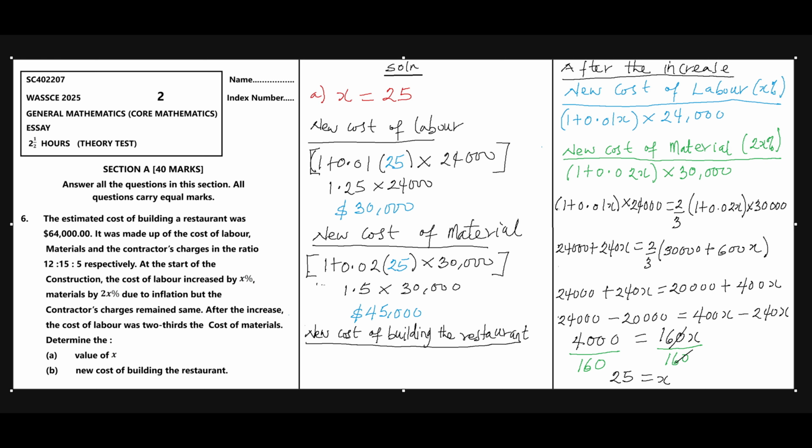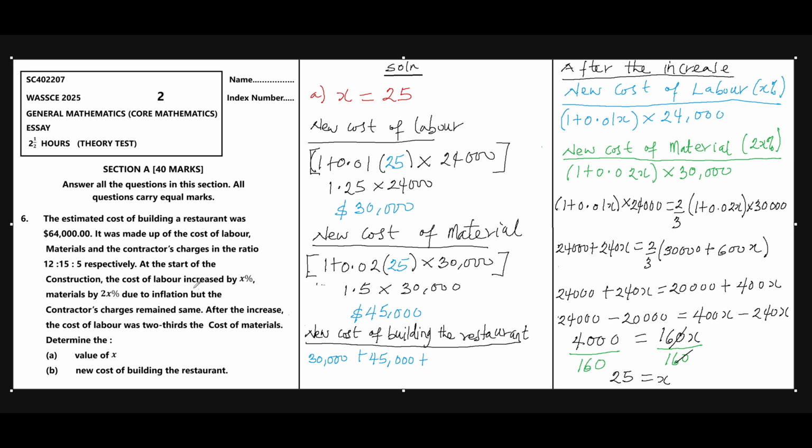That is the new cost of labor, $30,000, plus the new cost of material, $45,000, plus the contractor's charge.